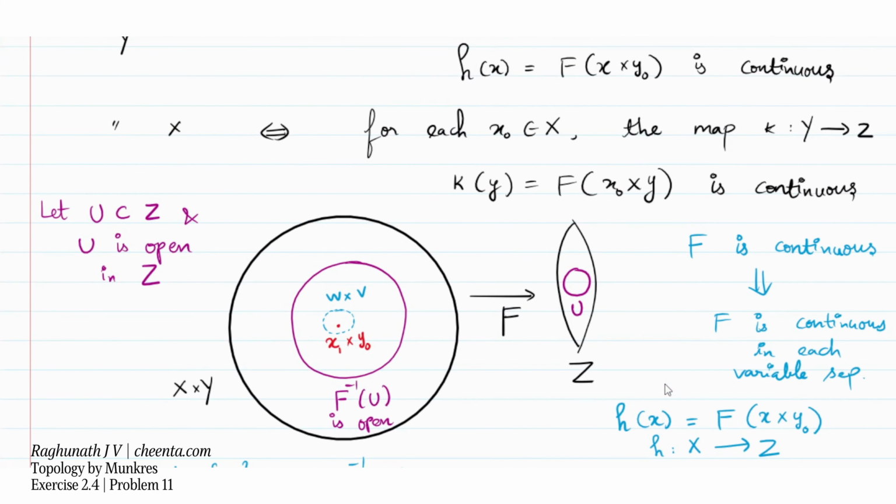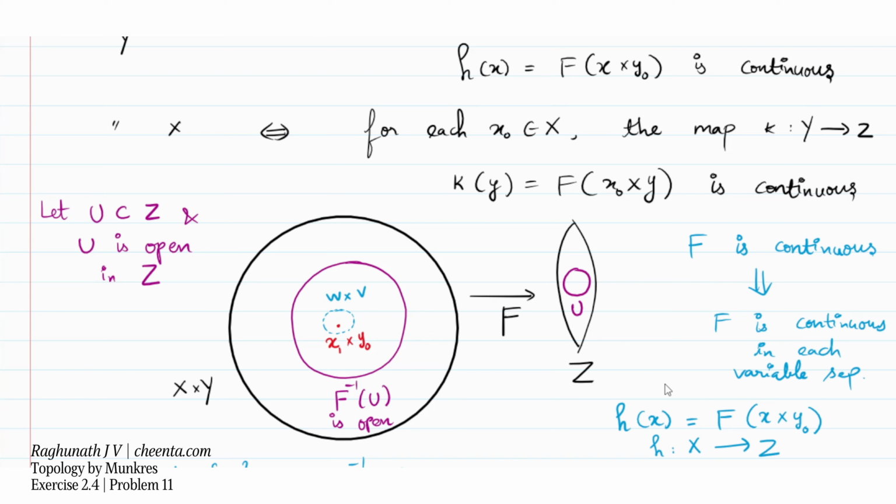A similar proof can be followed for x naught, proving that the function k is continuous in the variable x.